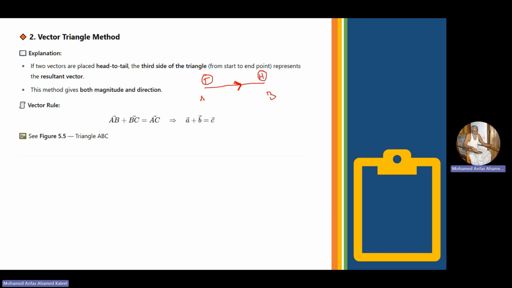If two vectors are placed head to tail, the third side of the triangle from the start point represents the resultant vector.